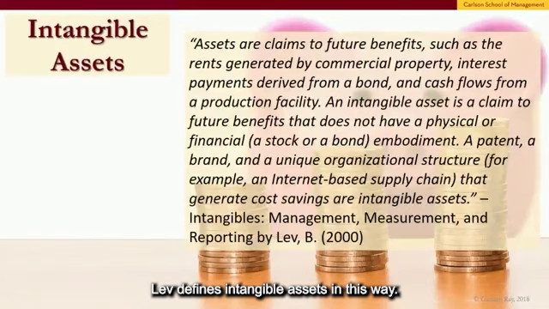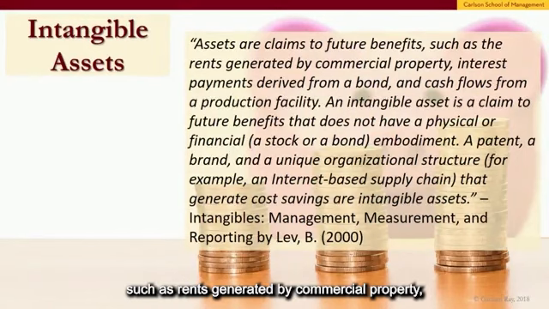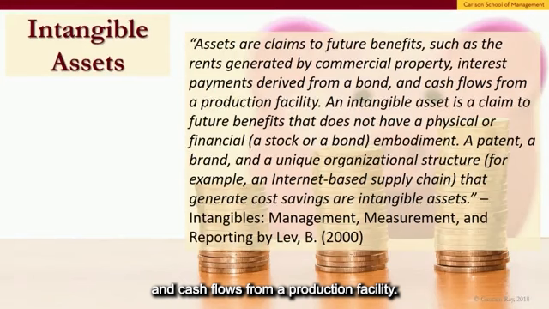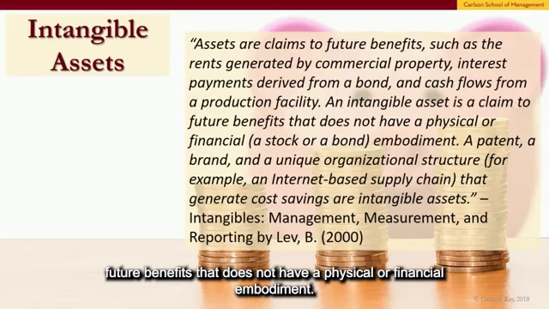Lev defines intangible assets in this way. Assets are claims to future benefits such as rent generated by commercial property, interest payments derived from a bond, and cash flows from a production facility. An intangible asset is a claim to future benefits that does not have a physical or financial embodiment.